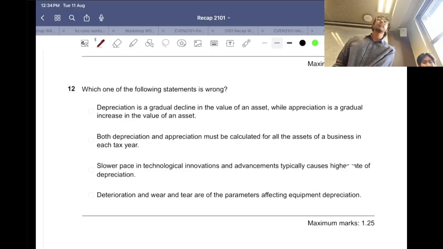Anyone want to have a go? Third one. So slower pace in technological innovation and advancements typically cause higher rates of depreciation. That is correct. Do you know why? Well, obsolescence, right? The equipment's going to become less useful the faster technology becomes more innovative or advances. Yeah. So yes, the better the technology is, the less it's going to last.